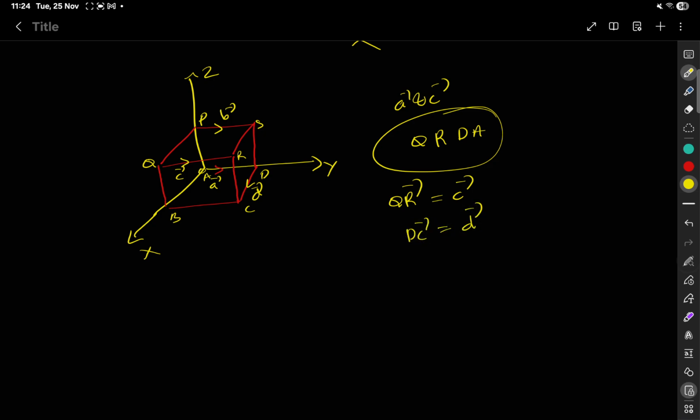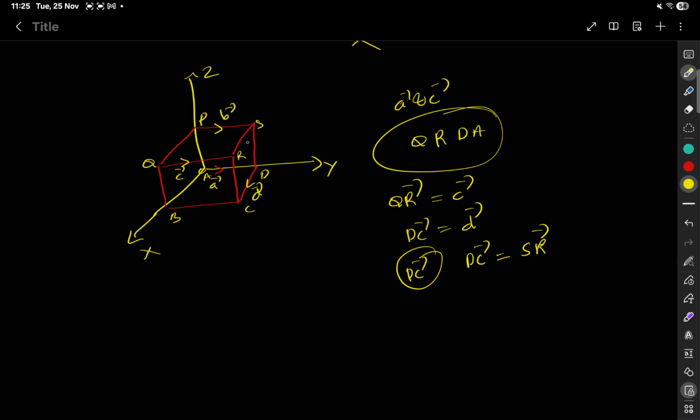Are they coplanar? Vector QR and DC, are they coplanar? Can you see any plane which contains both of them? No, you cannot find any plane which contains both of them. That's true, there is no doubt in that. But we are dealing with free vectors. So this DC I can move parallelly, and DC is equal to SR, correct?